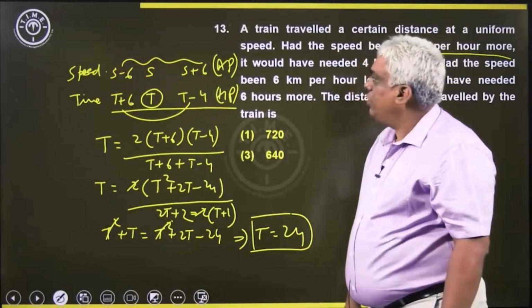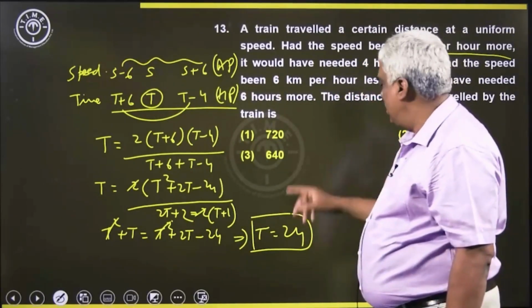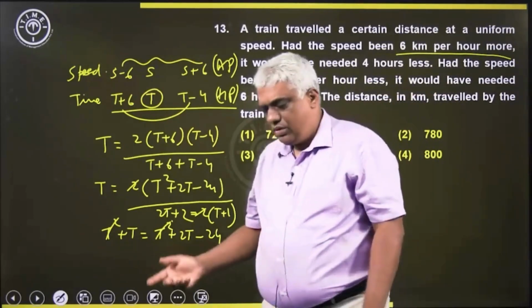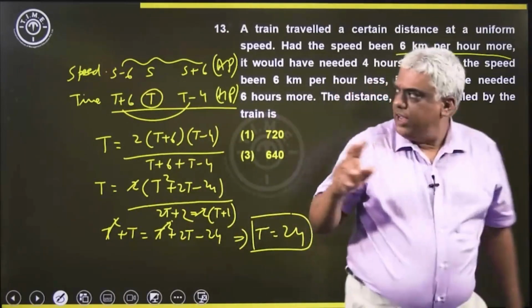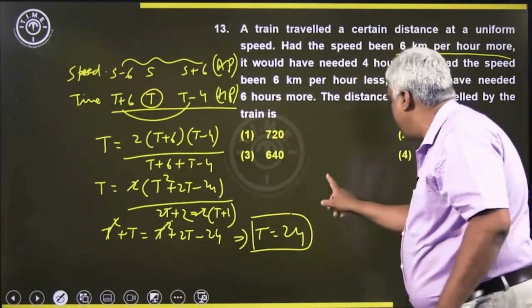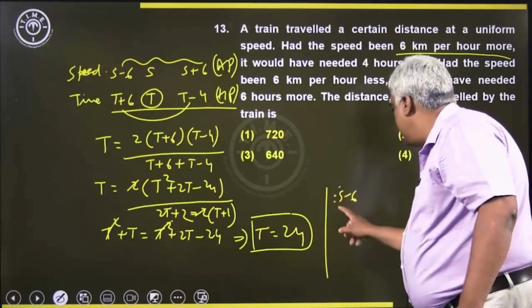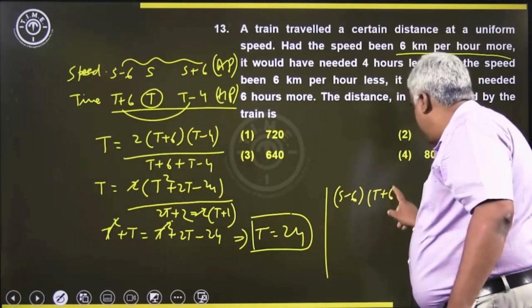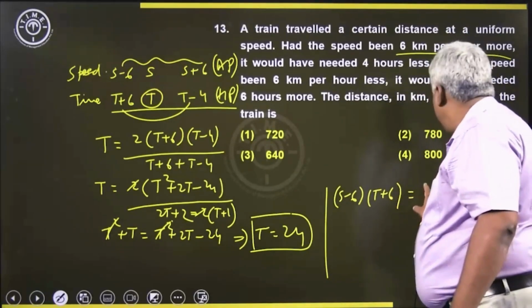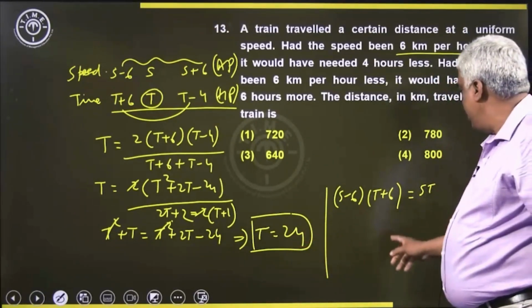So t is 24. Now we have to find the speed. You can take any two data. So you have s minus 6 into t plus 6. This is the distance, and it will be the same as st. We can put t equals 24 here.